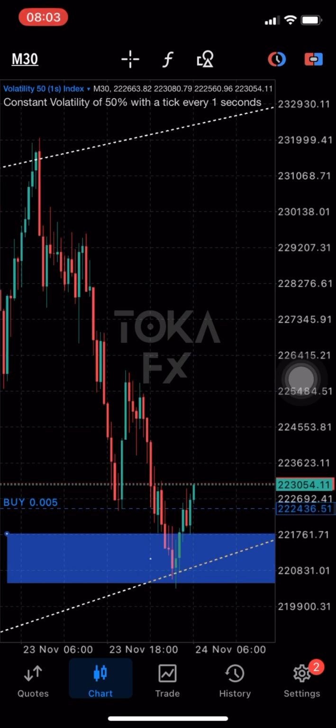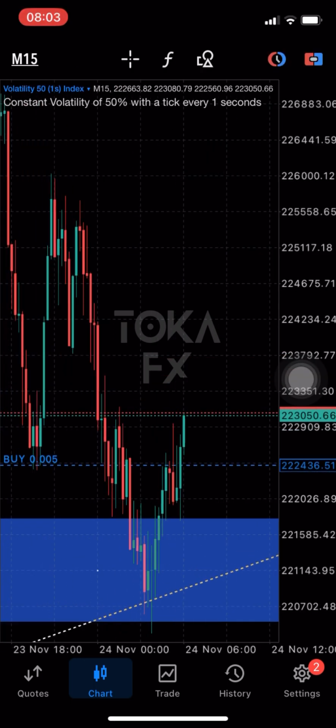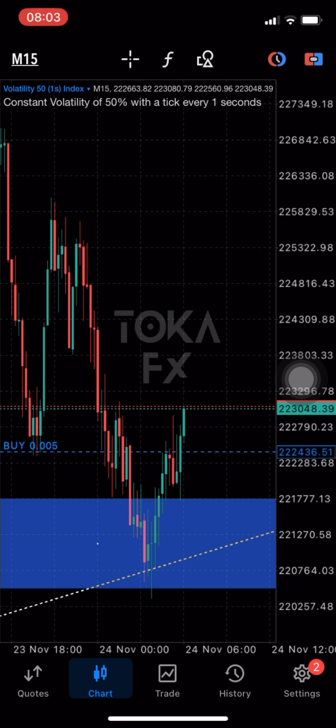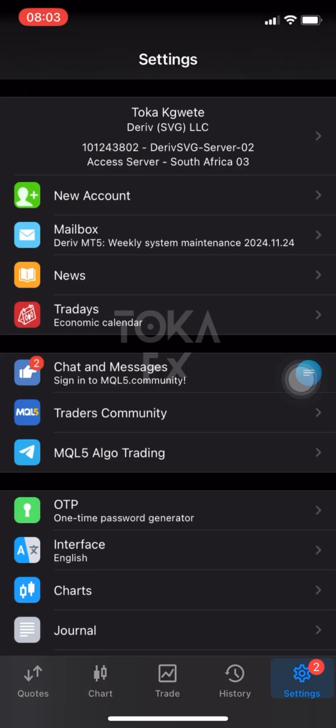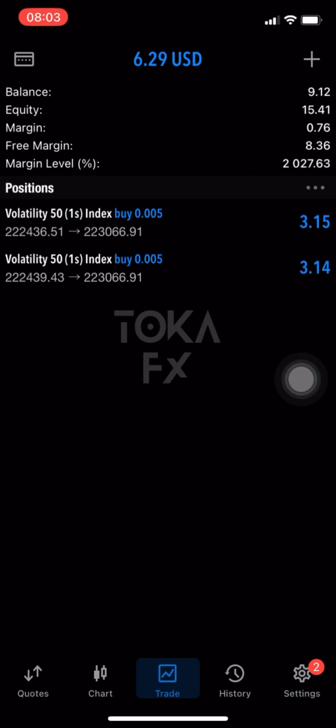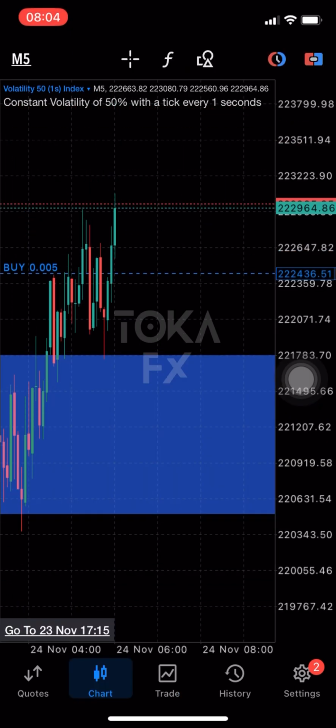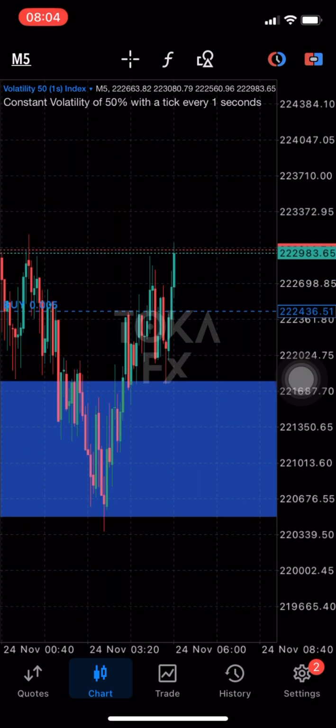As you can see, that little movement there is very little, but it has given us a very nice profit. Let's just see how much we have made from just that little movement. Each position has managed to make $3 or $2.90 something. And then we are still headed to the upside there.